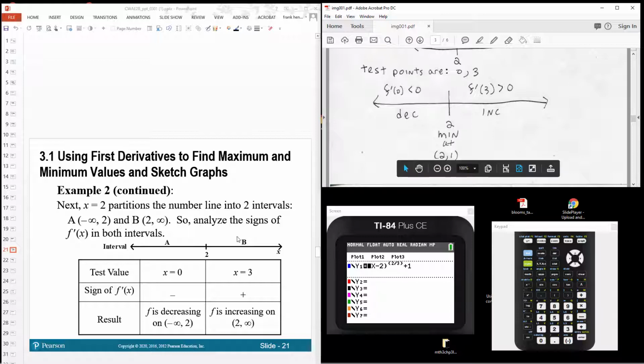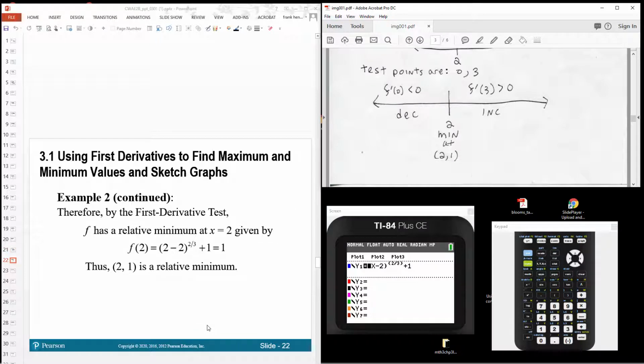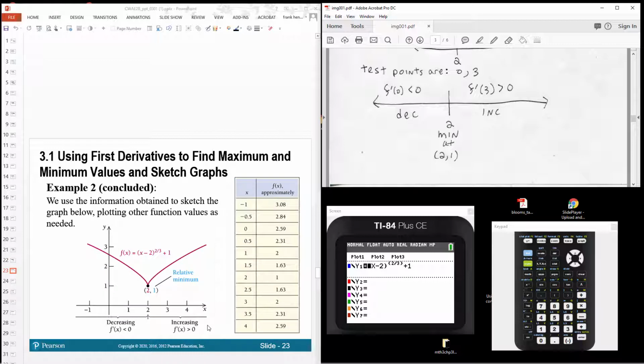And you can see right there it corresponds to the chart here, where it's decreasing and increasing. And there you see the graph of it. And my graph is here.